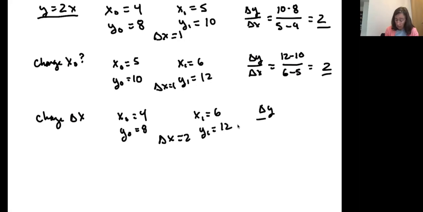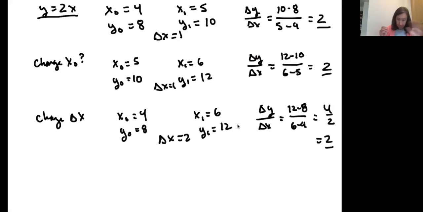Calculate rise over run. I'm going to get 12 minus 8 divided by 6 minus 4. That's 4 over 2, which still equals 2.